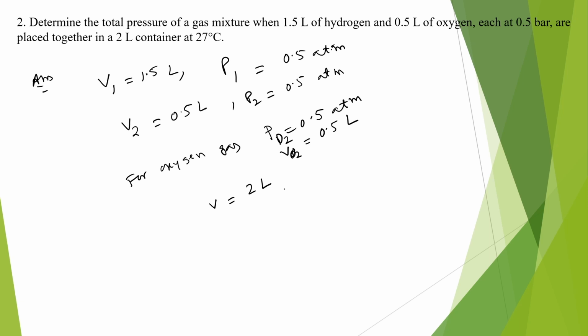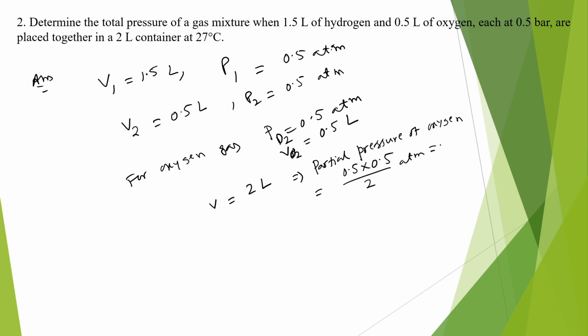So, the partial pressure when they put together, so partial pressure of oxygen is 0.5 times 0.5 by 2, this is in atmosphere or bar.